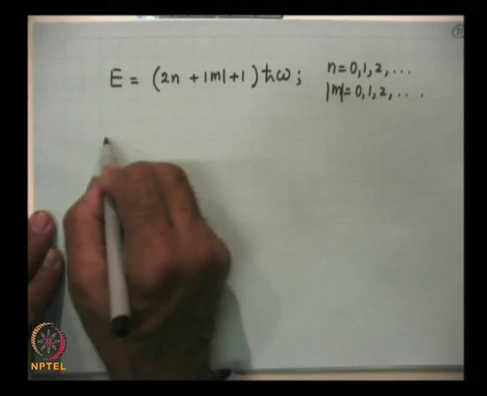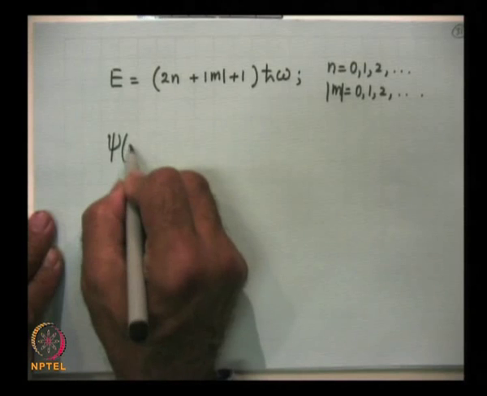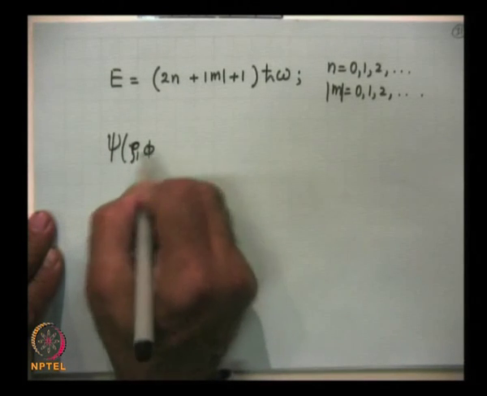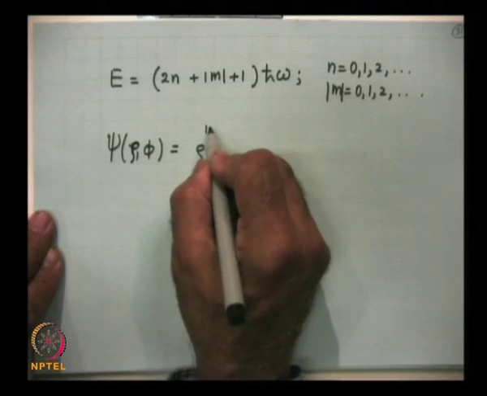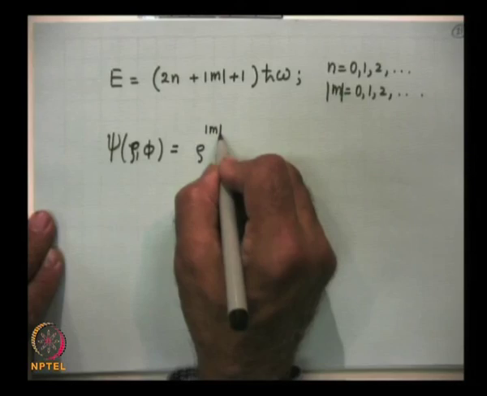And the wave functions psi of rho, phi will be rho to the power of |m| plus half.